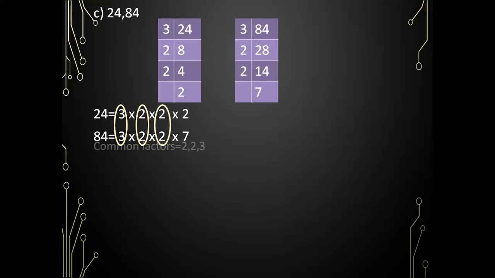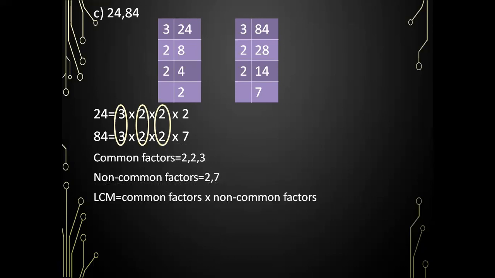We'll list that as common factors. And the non-common factors are 2 and 7. LCM is equal to common factors into non-common factors. Multiplying 2 into 2 into 3 into 2 into 7, the product is 168. Therefore, LCM of 24 and 84 is 168.